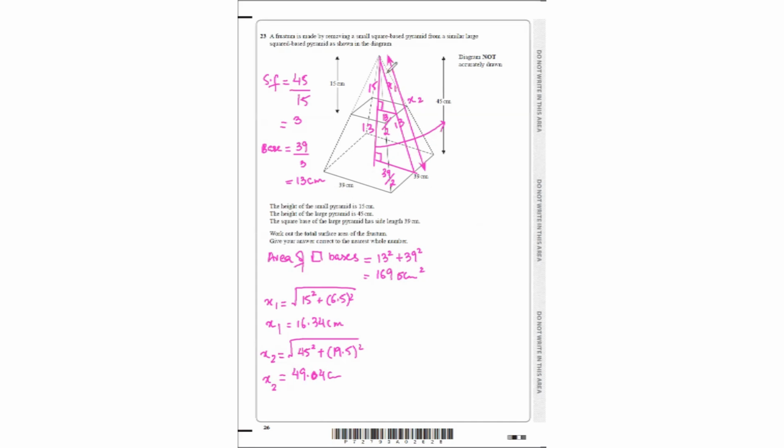Okay, now that we have the hypotenuse of both the right angle triangles, we can easily find the area of the triangle faces for both the small and the large pyramid. So for small pyramid, area of 4 triangles is going to be 4 times 1 over 2 times the base, which is 13, and height, which is 16.34.